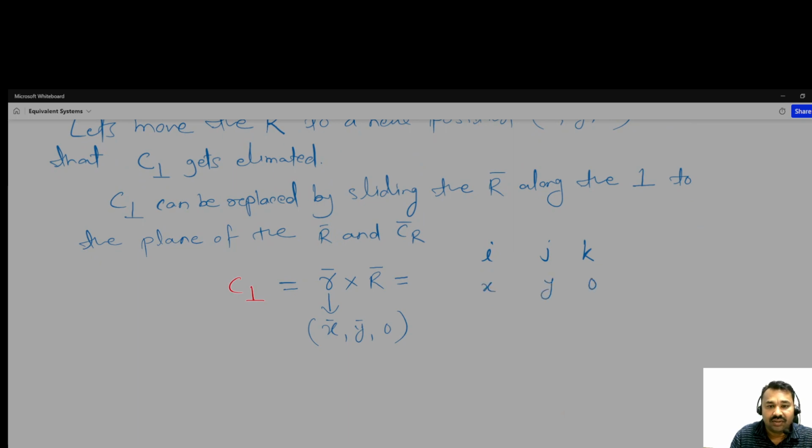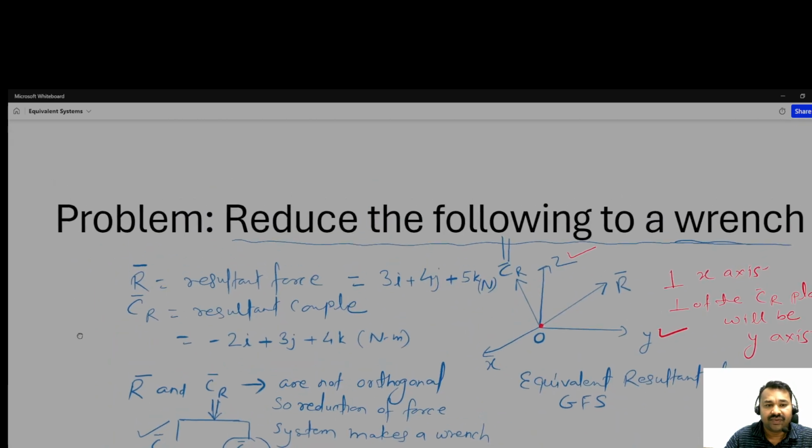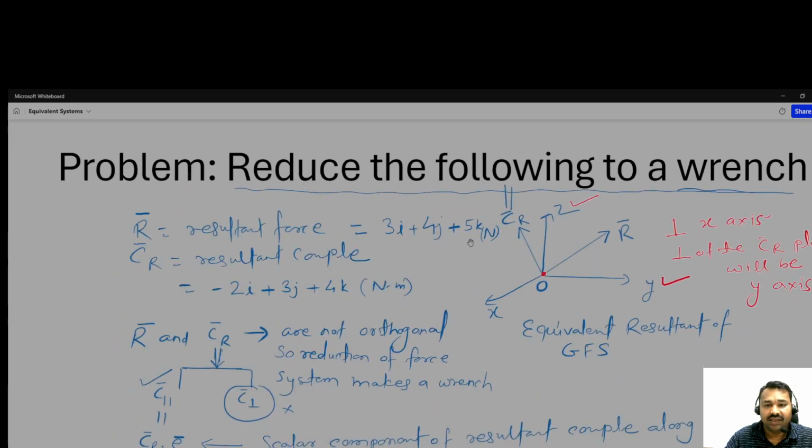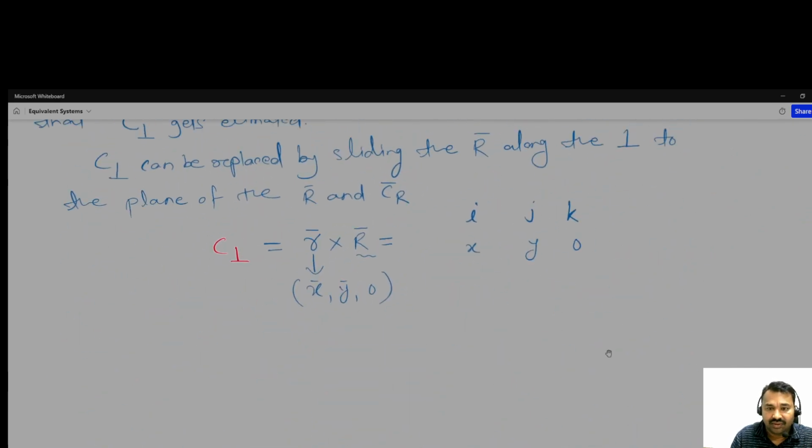And what about the R from the resultant? You can see here from the resultant it is 3i, 4j and 5k. So 3, 4 and 5. And what about C perpendicular?